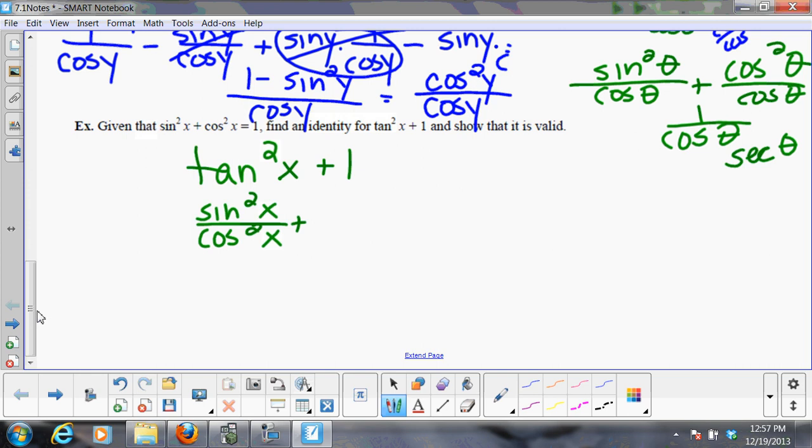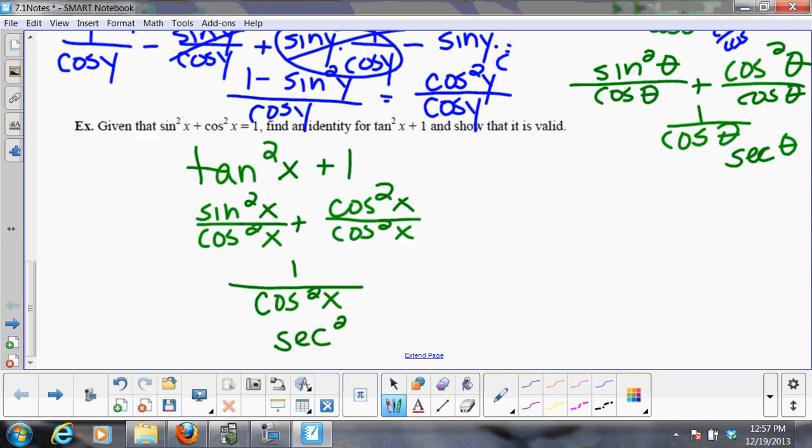And if we have a denominator of a cosine squared, well then let's change the 1 to cosine squared x over cosine squared x. Well, the numerator, sine squared plus cosine squared, is equal to 1. That's why they give us that part in the beginning. And 1 over cosine squared, just like the problem before, is secant, but this time it's secant squared x.